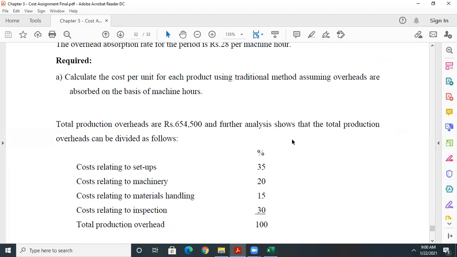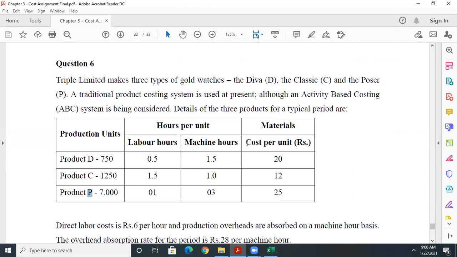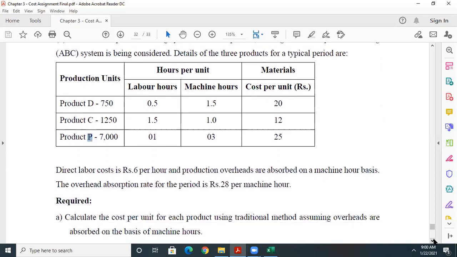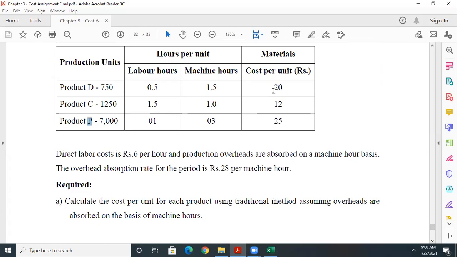Yeah, if you calculate the direct material depending on the total number of units, even if you do that, eventually the answer is going to be the same, no problem. If you calculate that for the direct material, for the labor, and for the overheads, the result is the same.